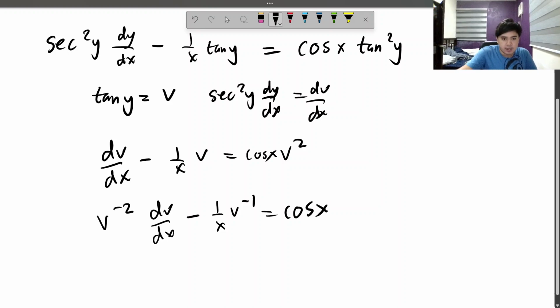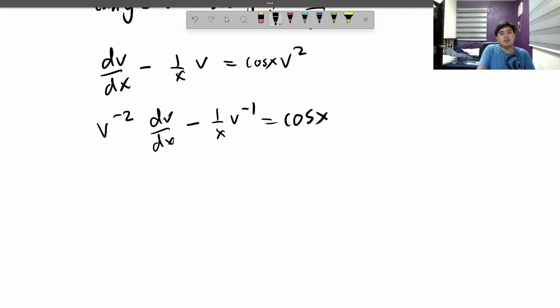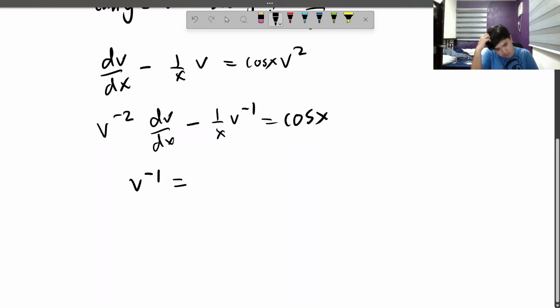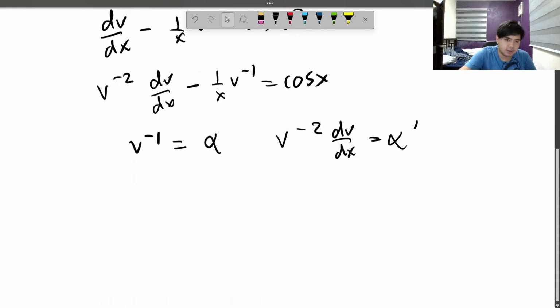x. Now this is a Bernoulli case, so we can say v to the negative 1 equals what other letter can we use? Alpha. We've run out of letters at this point. So v to the negative 2 dv over dx equals, let's just put alpha prime here because that's easier to write.